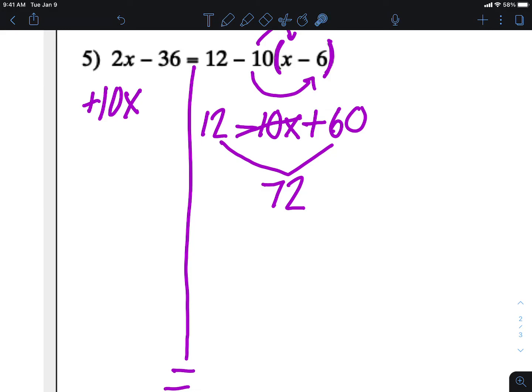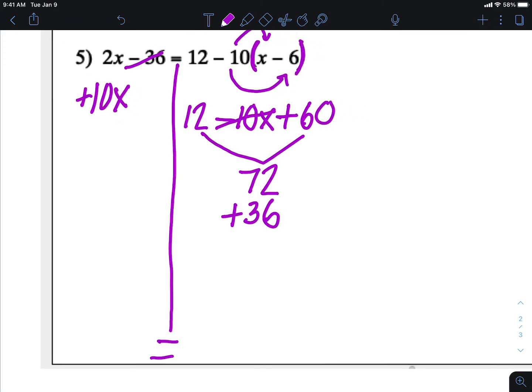So I have established that my x's are going to be on the left and my numbers are going to be on the right. So this minus 36 has got to come over to the right side. When it comes over, it's going to become a plus 36.